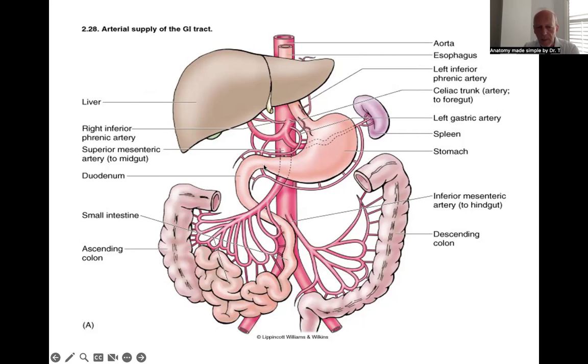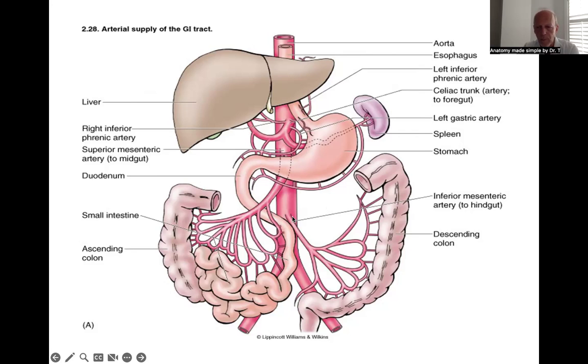The duodenum is receiving more blood from the gastric arteries and gastroepiploic arteries, together with the head of the pancreas, which is sitting here, while the superior mesenteric artery really supplies all the blood needed to go to the jejunum as well as the ileum, and it doesn't stop there. Additional branches of the superior mesenteric artery supply the cecum and appendix, ascending colon, and the proximal half of the transverse colon.